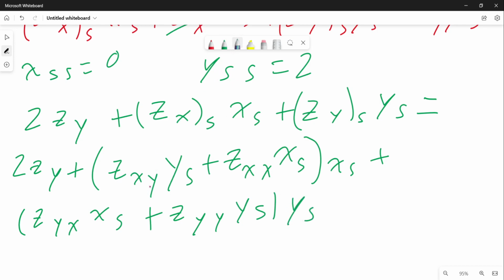Oof. And we have said before that this and this are almost certainly equal to each other, but I'm going to leave them like that for now.